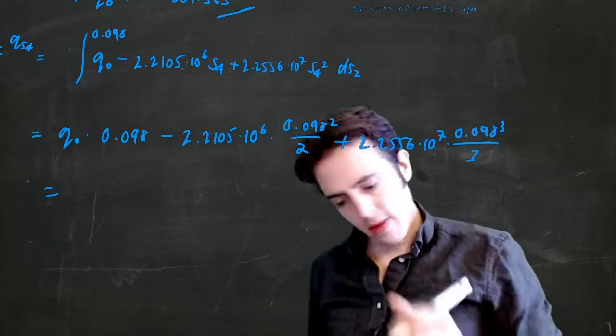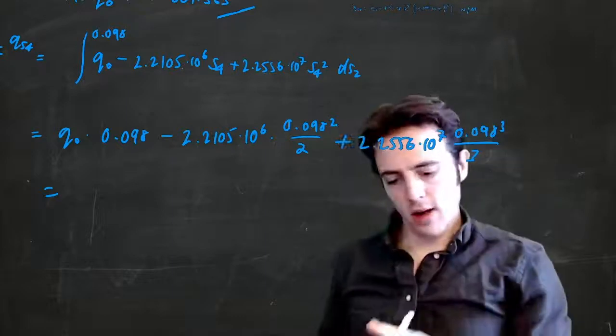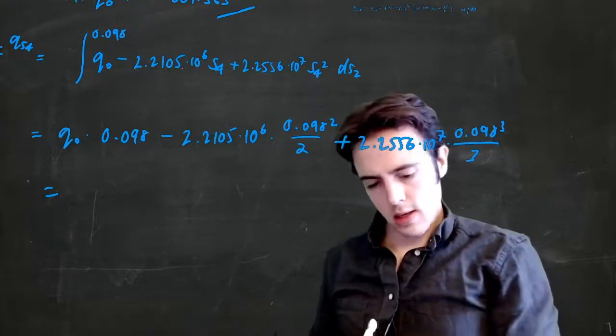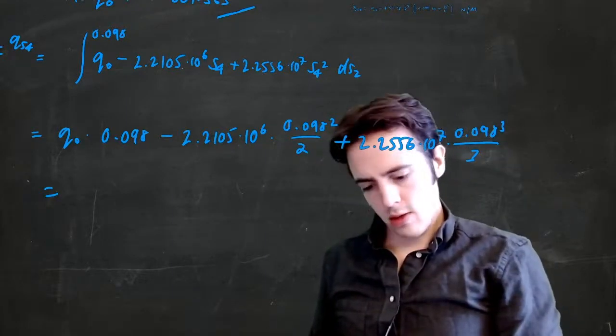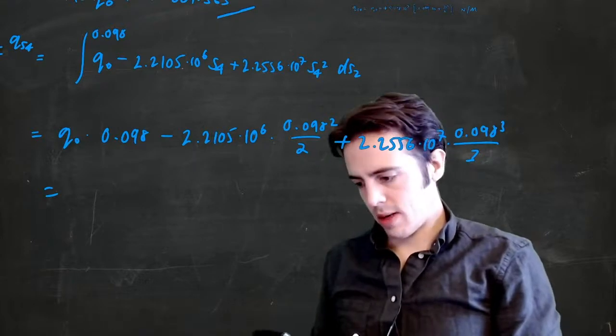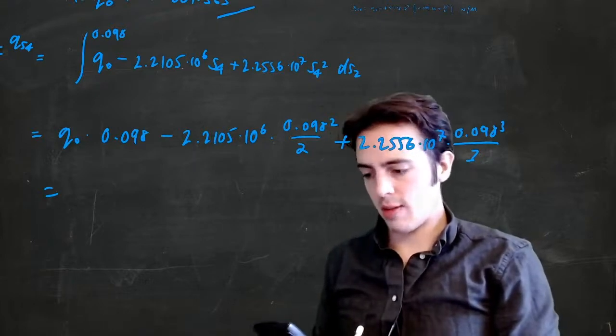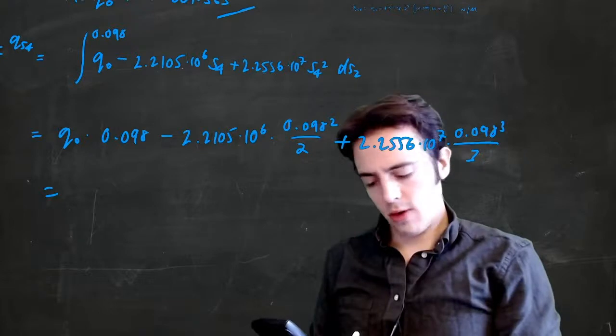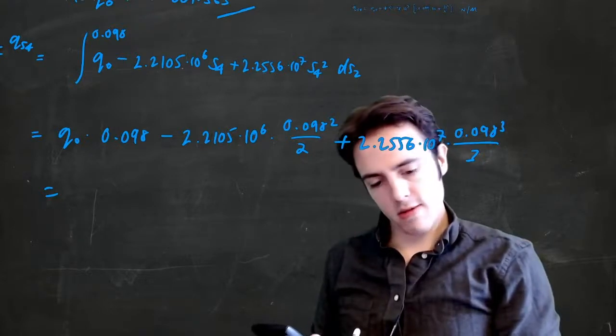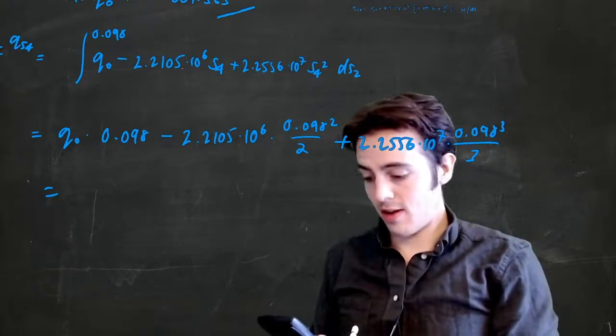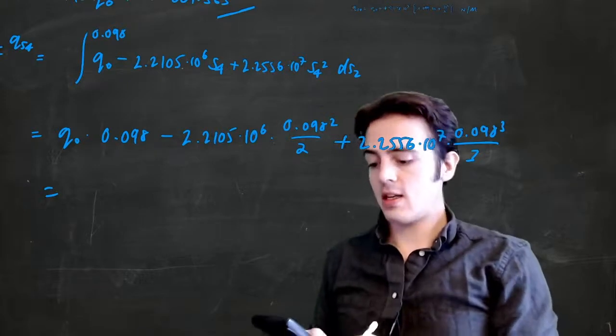So let's work out what this number is. Everything in here is just a number. Minus 2.2105 times 10 to the 6 multiplied by 0.098 squared divided by 2, plus 2.2556 times 10 to the 7 multiplied by 0.098 to the power of 3 divided by 3.